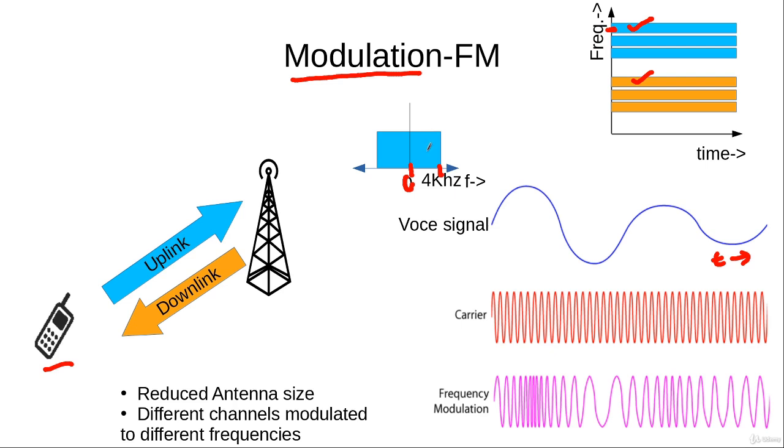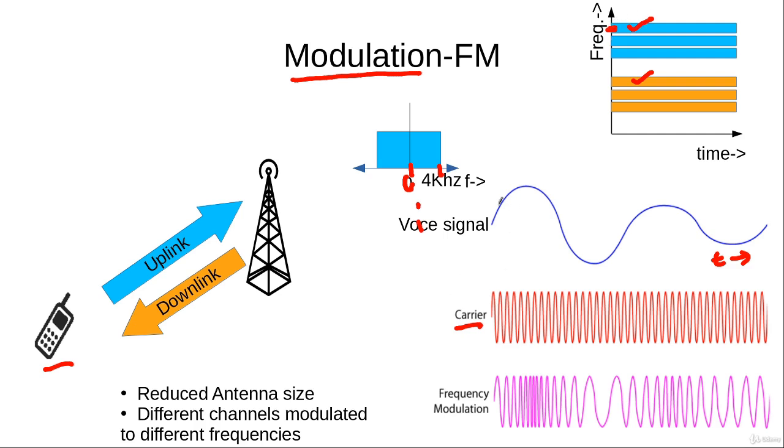We achieve this by using the procedure of modulation, and here the modulation that we are using is frequency modulation. For example, this is the voice signal. In order to modulate it, we need a carrier, and this carrier signal has a frequency equal to the center frequency of the uplink channel.